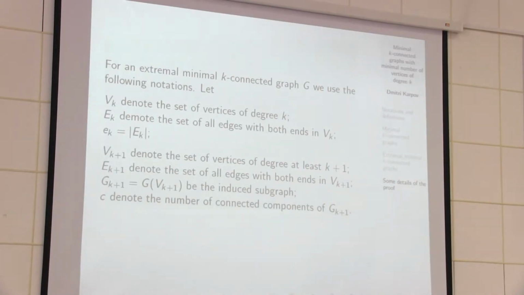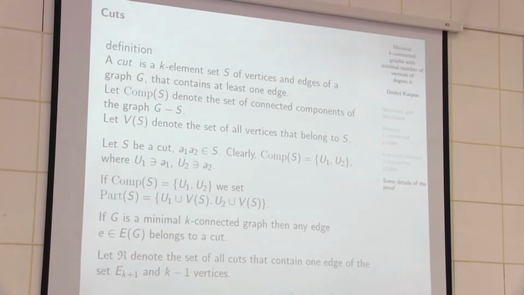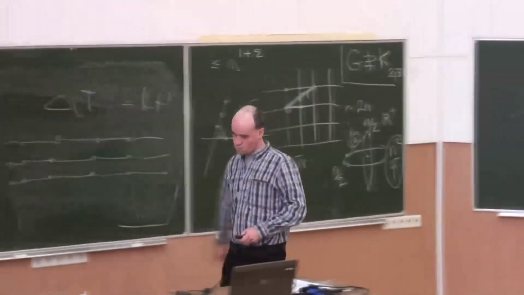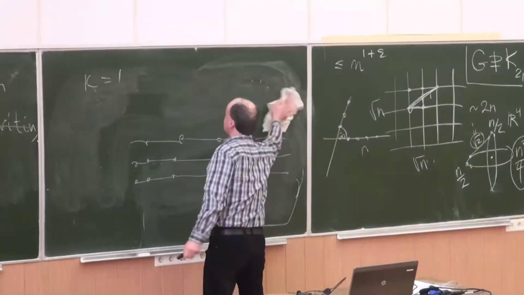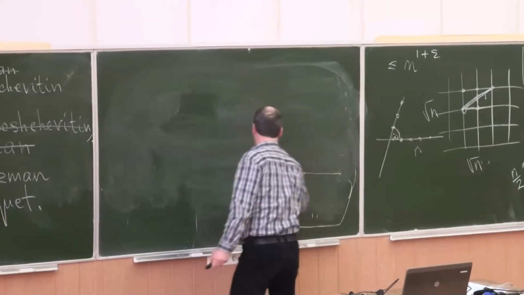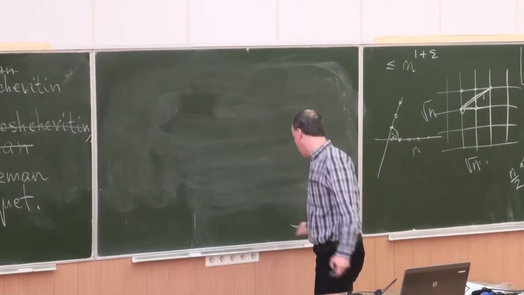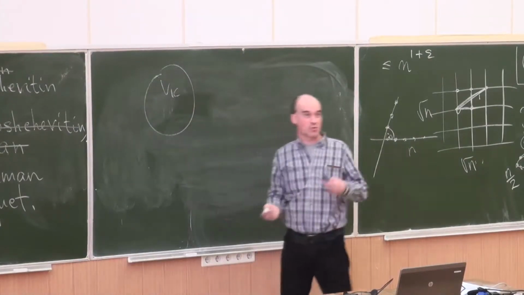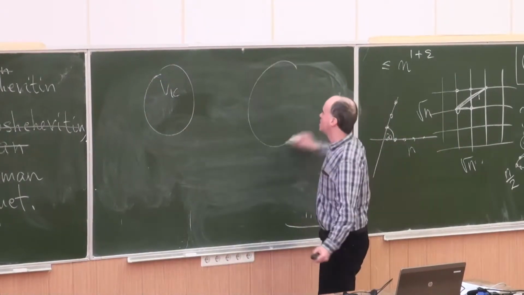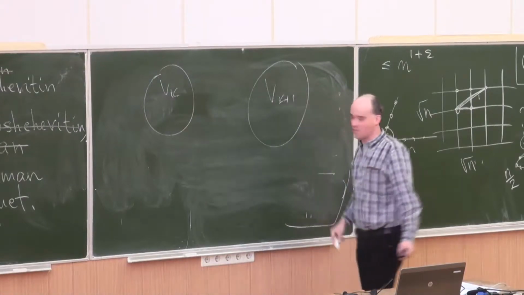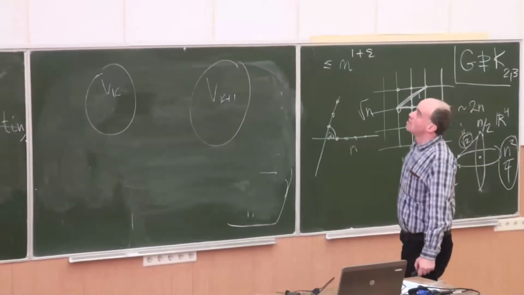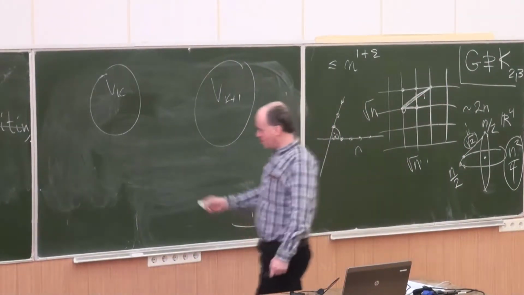These are the notations. We shall consider two sets of vertices. V_k are always of the degree k, and V_{k+1} are vertices of degree at least k plus 1.